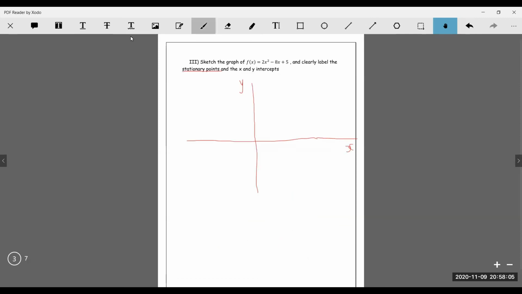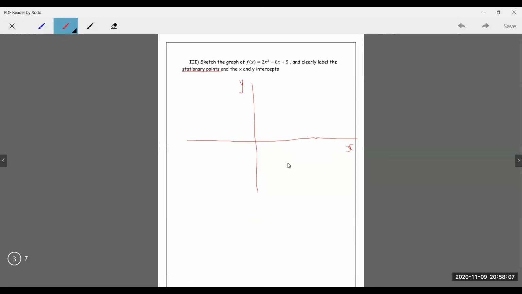So I like to start with my turning point, right? 2, -3. I like to sketch the graph first, and then I put in the other information. All right. Whoa, pretty poor right here.